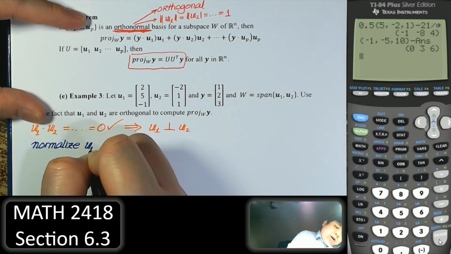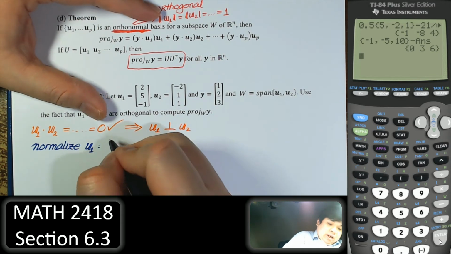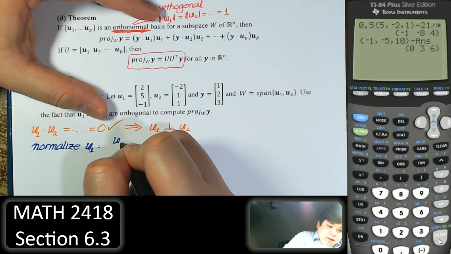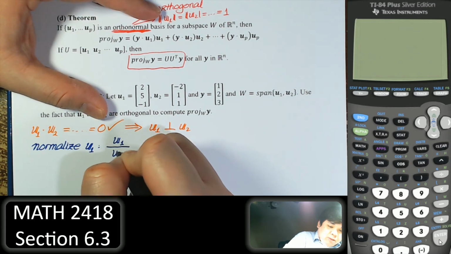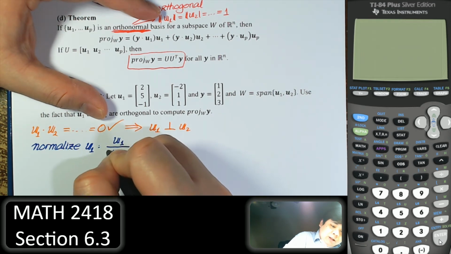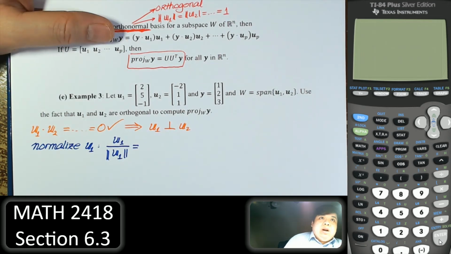The vector u1, meaning that we have u1 divided by the magnitude of u1, or the length of u1.